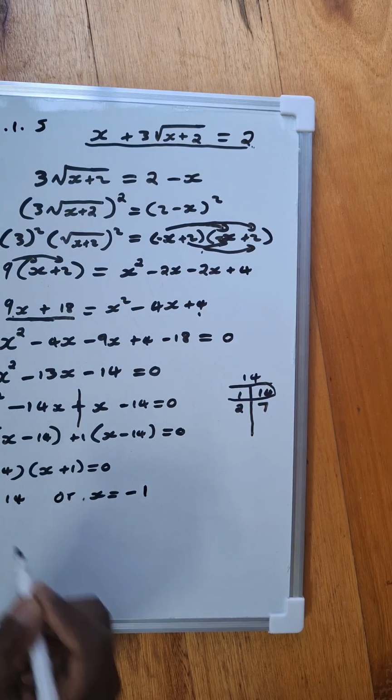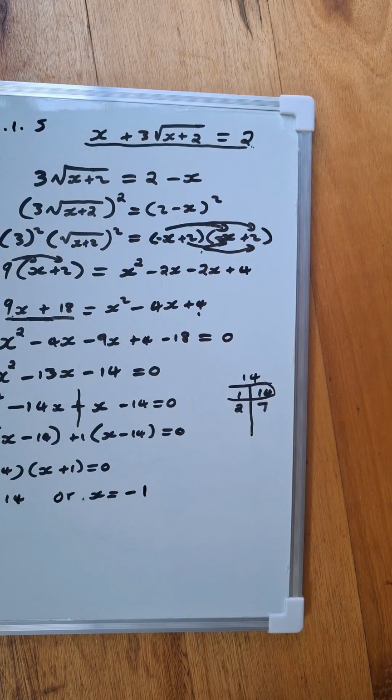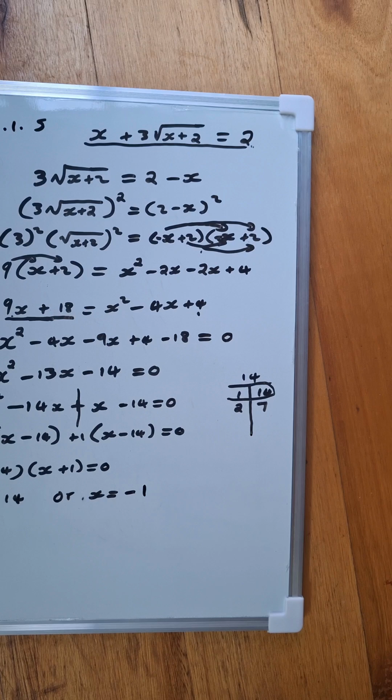So you make a selection. 14 is not the answer, it's not applicable. But when you plug in -1, you get 2, which means -1 is suitable for the equation.